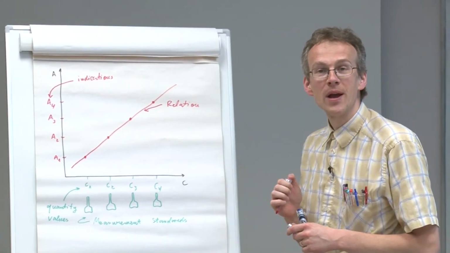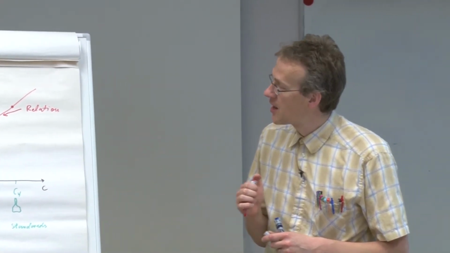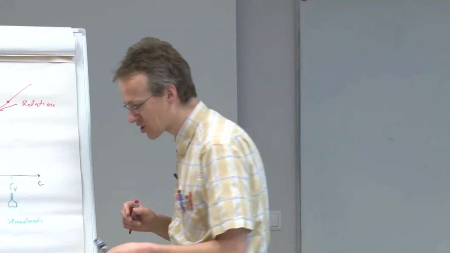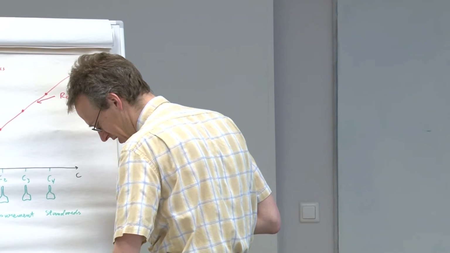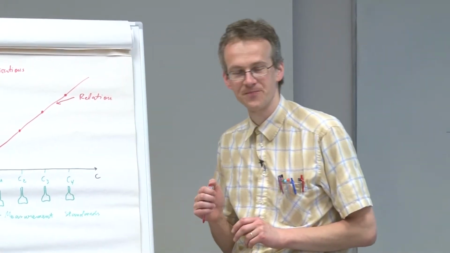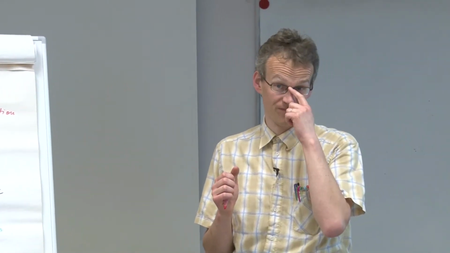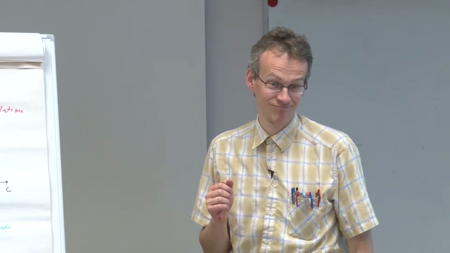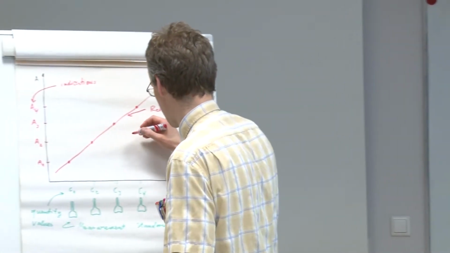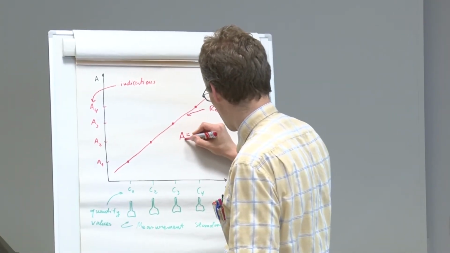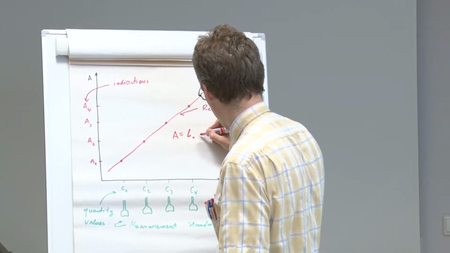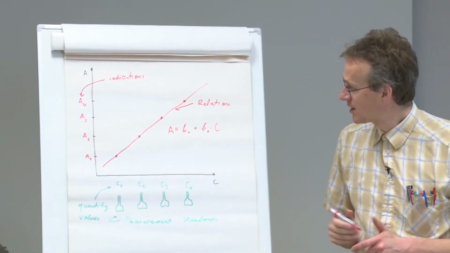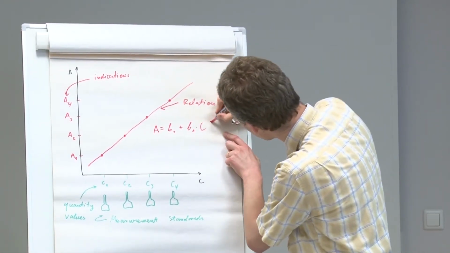Is there any other way of writing this relation? What do you think? At the moment, it's a graphical relation. Can we give it a different form? With slope and intercept. Yeah, exactly. A is equal to B0 plus B1 times C. This is also a relation.